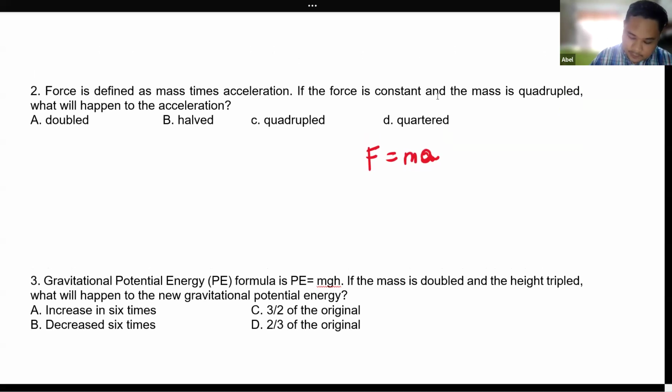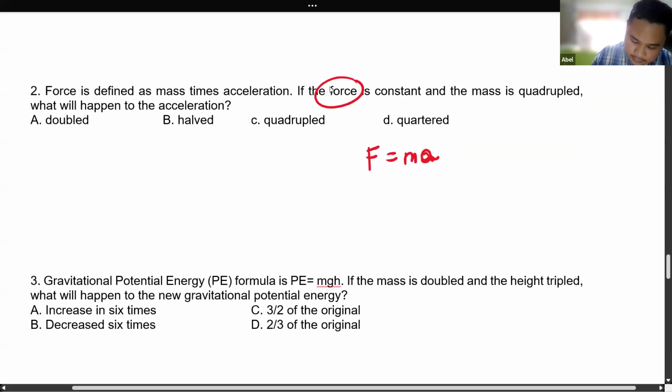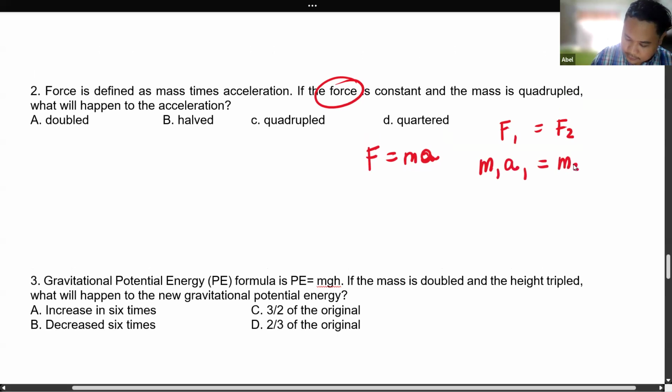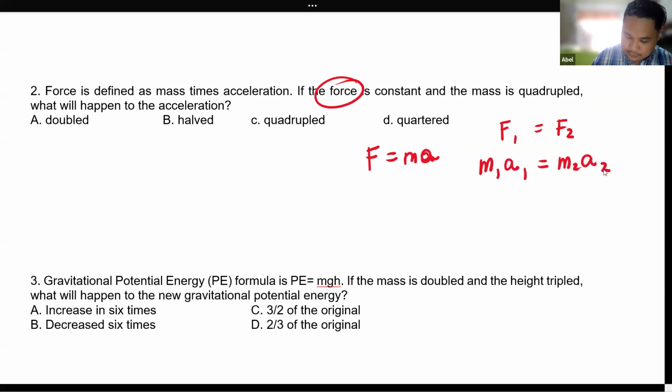So here, if the force is constant, we can say that force 1 is equals to force 2, and then we could have mass 1 multiplied to acceleration 1 equals to mass 2 times acceleration 2, right? And so if the mass is quadrupled, what will happen to the acceleration?